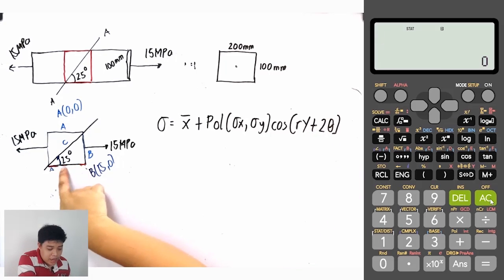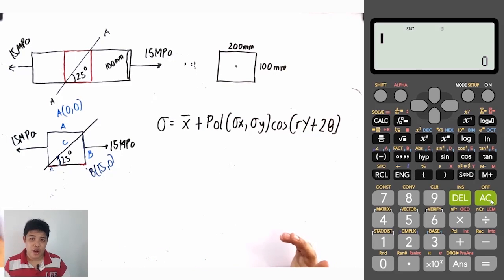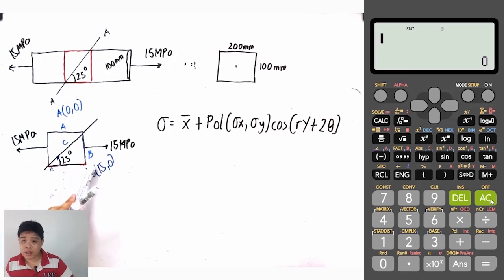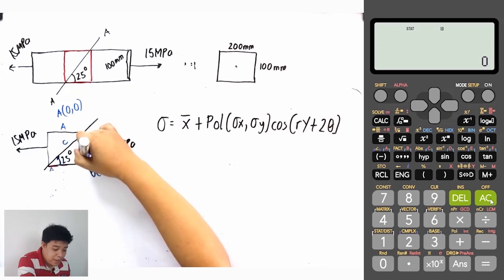Before doing the calculation, let us again review the rules in using the technique. First things first, the reference plane for this calculator technique should be the plane that contains the higher algebraic value of the normal stress. So, the normal stress on A is 0 and the normal stress on B is positive 15. So, definitely positive 15 is our reference plane.